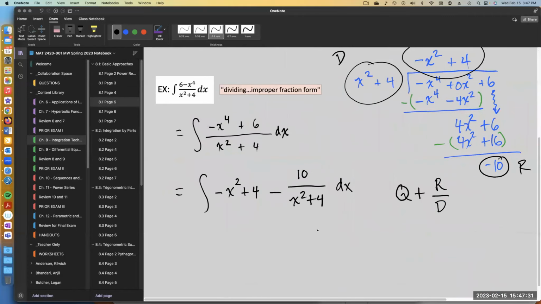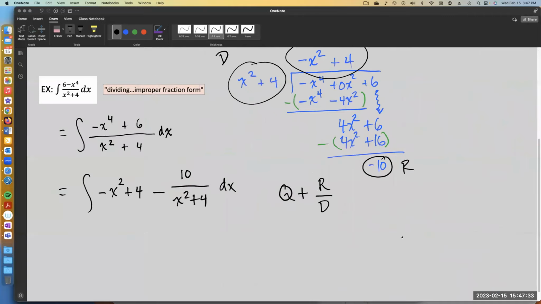Okay, so I get the process, but how does he get that 0x squared while doing long division? Right here. It's just a placeholder. So you don't have to put that in, but when we do the negative x squared times 4, we have negative 4x squared, and usually it's a little easier to see that there's 0x squared up here.